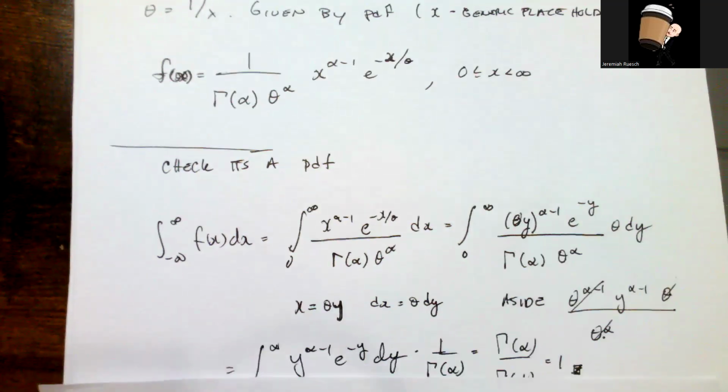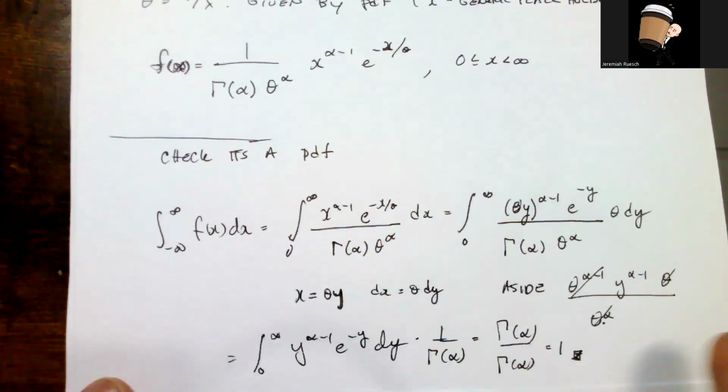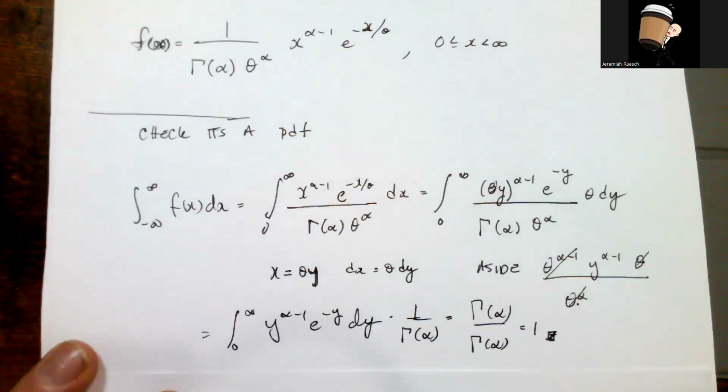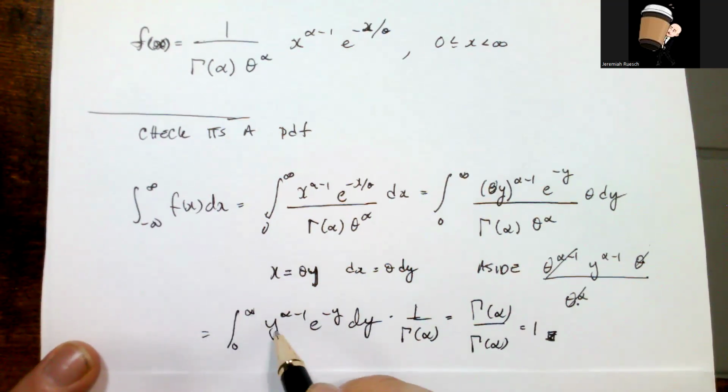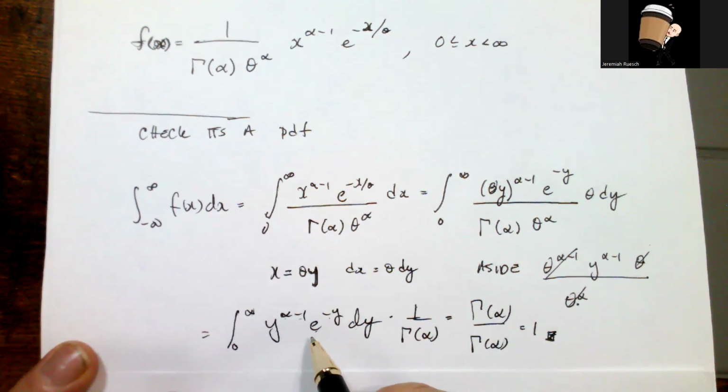One of the things that's fun about these gamma functions is they show up in random places and in different ways. We just have to pay attention to the form of the integrand. Here you have the integral from 0 to infinity of y to the alpha minus 1, e to the negative y dy. Well, this is the exact definition of the gamma function.